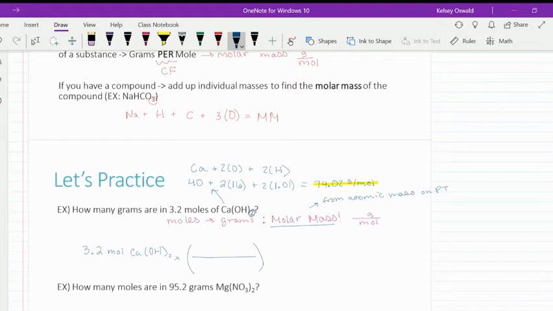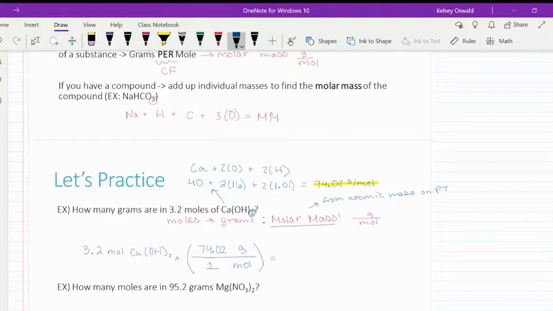So our first goal is to cancel out moles. If we have moles on top of this fraction, we're going to want moles on the bottom of our conversion factor, which means we're going to put grams on top. So I look at my molar mass, and I'm going to see that I have 74.02 grams for every 1 mole. Number 1 is always going to go with mole. We're always talking in regards to 1 mole.